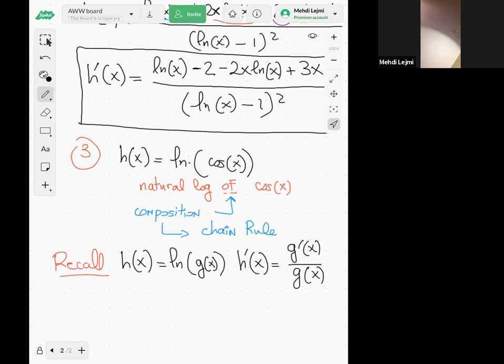You can see my h here is natural log, so my g of x is going to be this cosine of x.